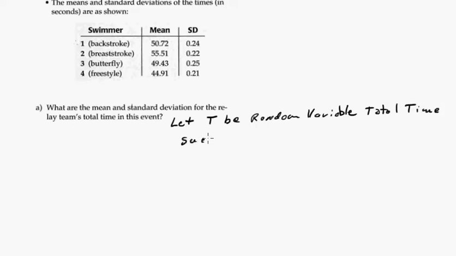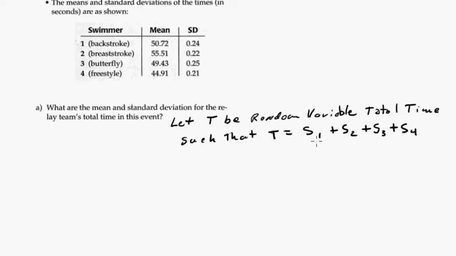We could say let T be the random variable total time, such that T equals swimmer 1's time plus swimmer 2's time plus swimmer 3's time plus swimmer 4's time.